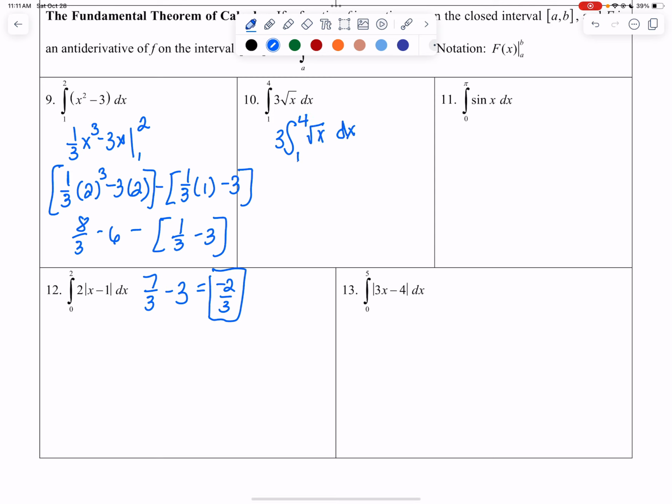What I'm going to do is take the antiderivative of x to the 1/2. So I'm going to up my power by 1 and then take the reciprocal of that and multiply it. You'll notice that the 3's will eventually cancel out, so I now have 2x to the 3/2 using my limits of integration of 1 to 4.